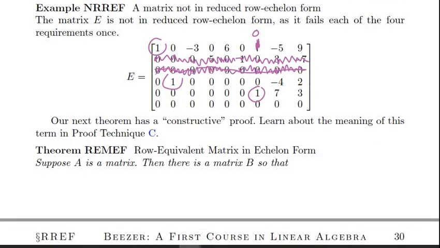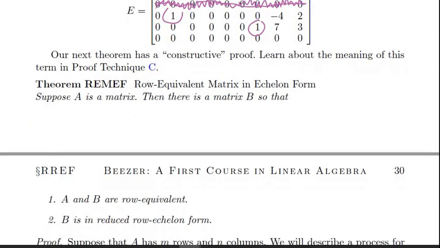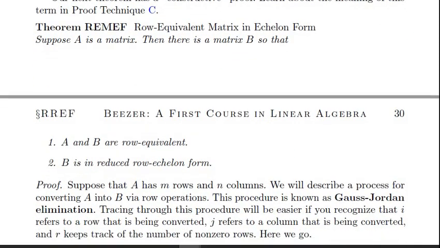All right. So let's go to theorem REMEF. Suppose A is a matrix, then there is a matrix B, so that A and B are row equivalent, and B is in reduced row echelon form.